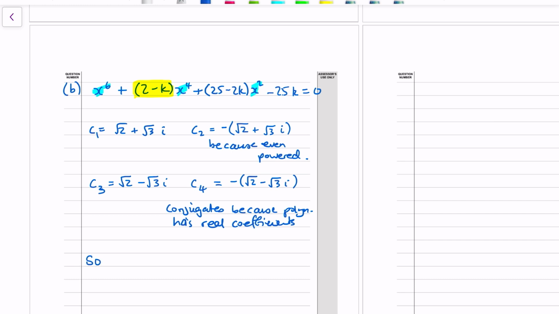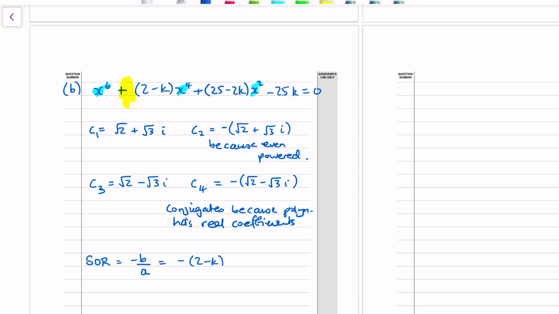The sum of the roots is equal to minus b over a for a polynomial. And make sure that you don't write down minus 2 minus k here, because actually we need to use the power of 5 term, the term that's actually not there.